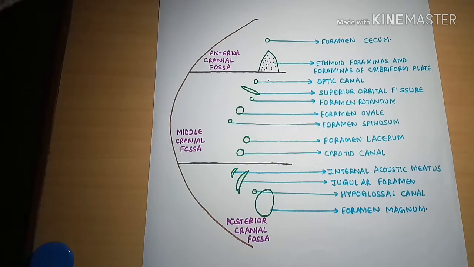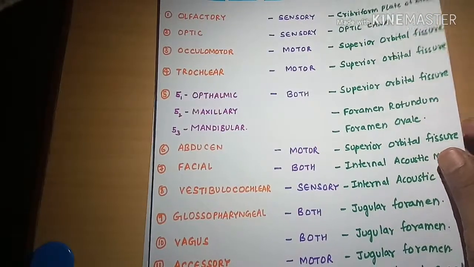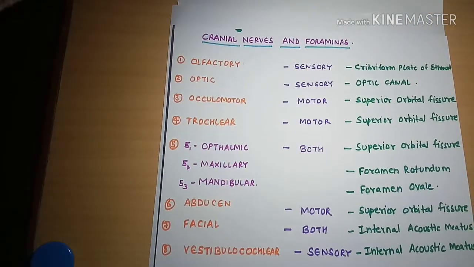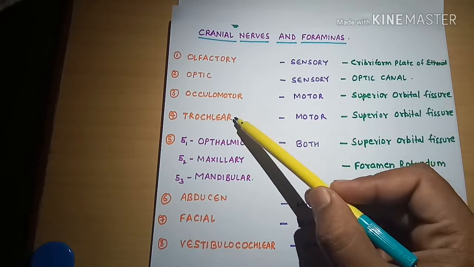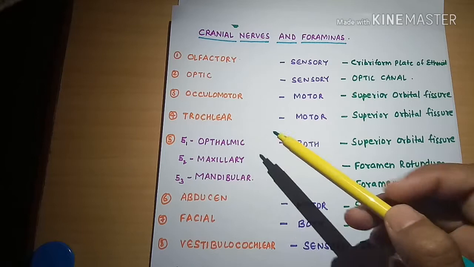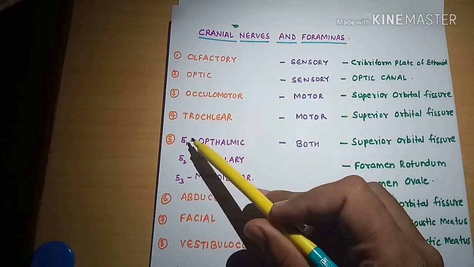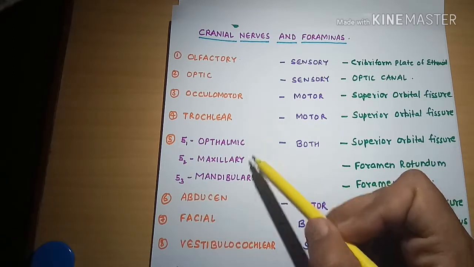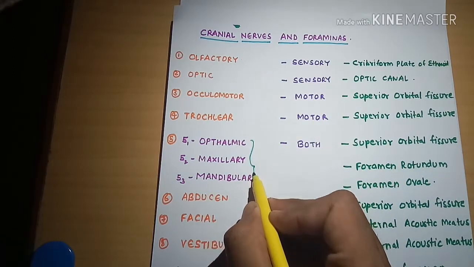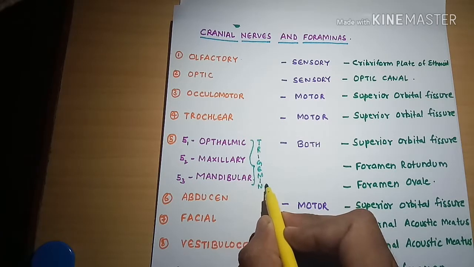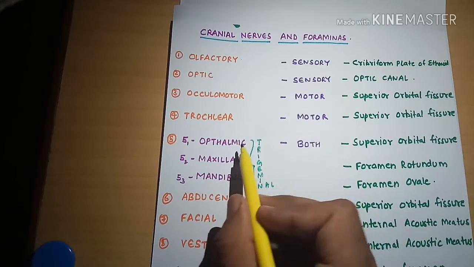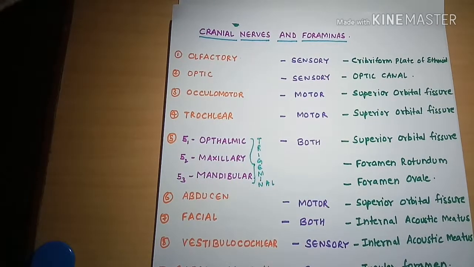There are 12 pairs of cranial nerves in the human skull: olfactory, optic, oculomotor, trochlear, and the trigeminal nerve, which has three branches: ophthalmic part, maxillary part, and mandibular part.